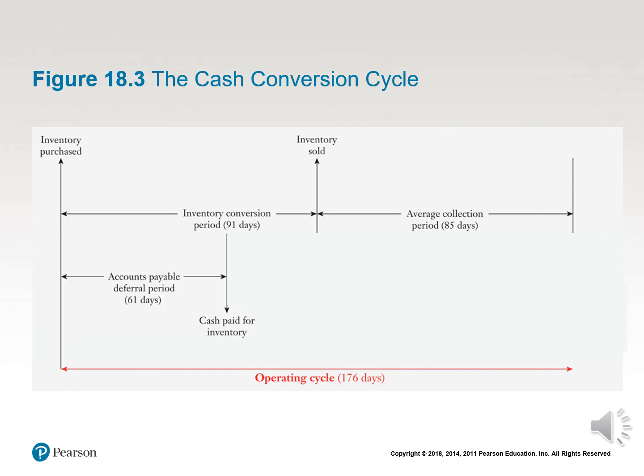From the 176 days, we can reduce that number of days by using other people's money. It takes us 61 days to pay our suppliers. That's our accounts payable deferral period. This helps to reduce our operating cycle.